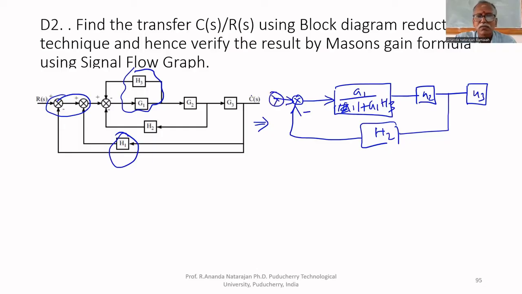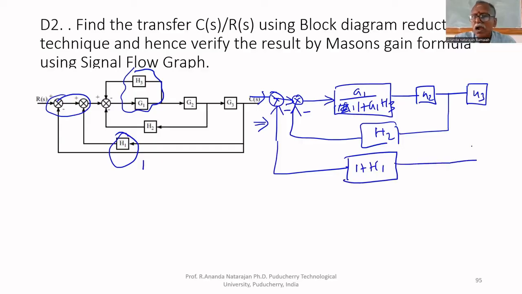And sorry, one more is required, minus. These two can be combined. This is 1, this is H1. Therefore, 1 plus H1. We can put 1 plus H1 and we can connect here.